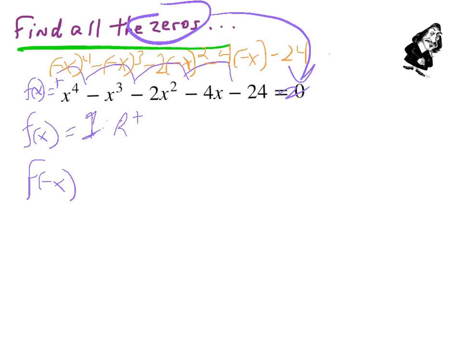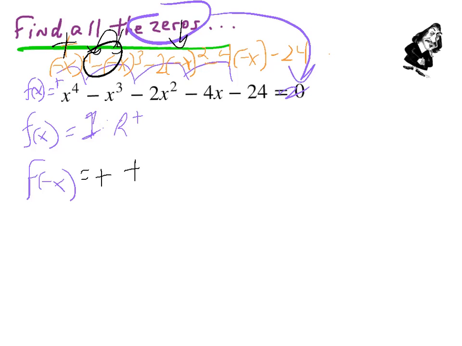Well, let's see what would happen. That would give us a positive x to the 4th, and this right here would be negative, and negative times negative is a positive.